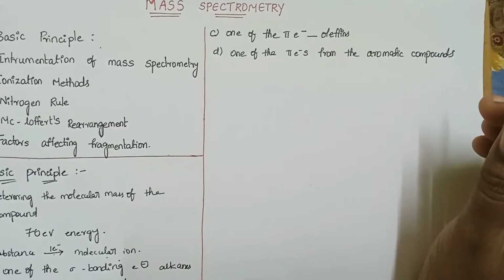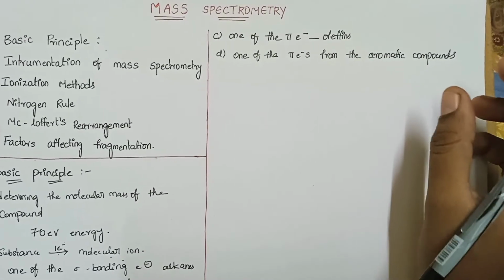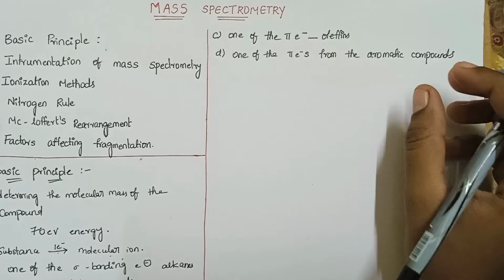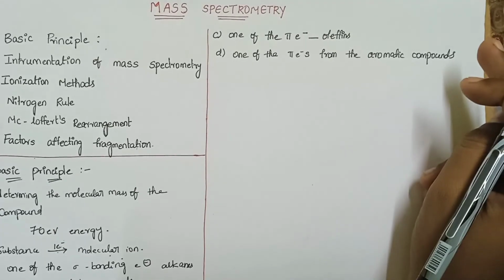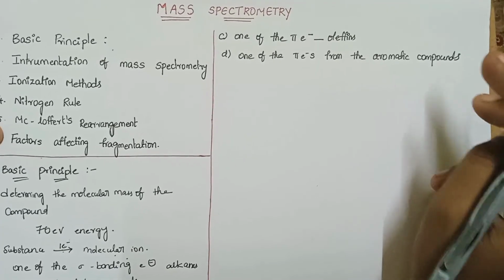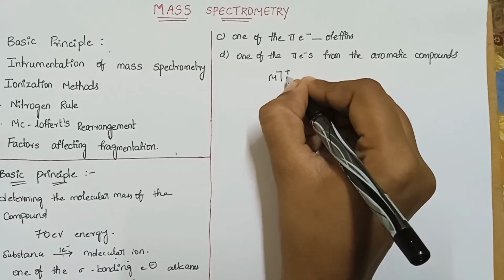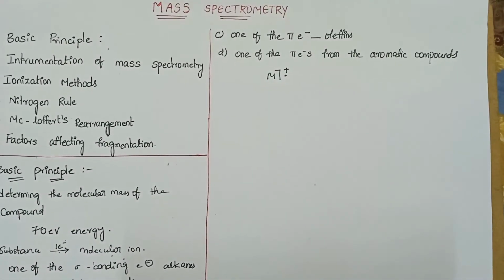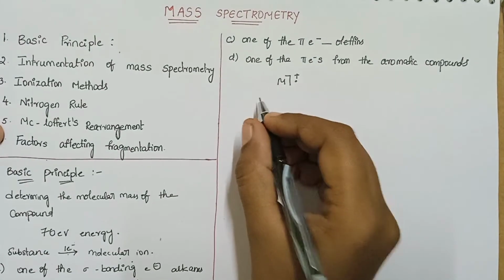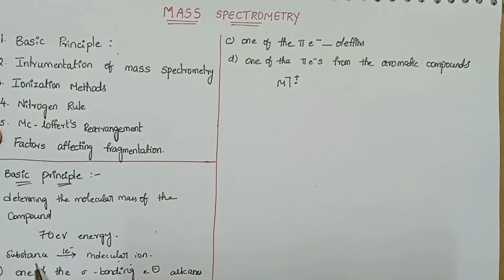The molecular ion carries one unit of positive charge and one unpaired electron. It is denoted by M plus radical. That means the substance loses one electron to form a molecular ion.